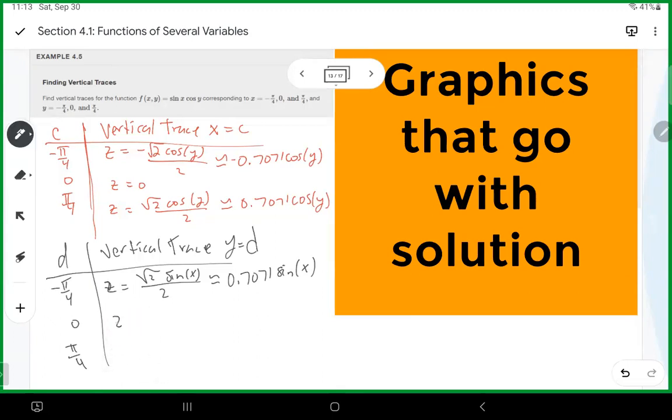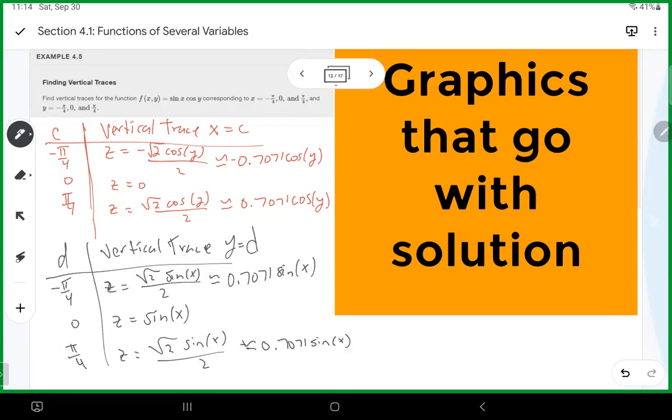Z equals sine x. And then z equals the same as before, square root of 2 sine x over 2, which is approximately 0.7071 sine x.